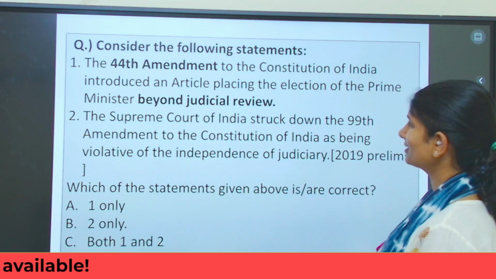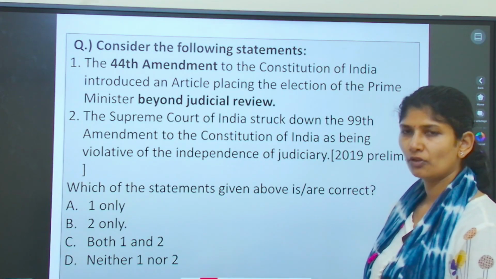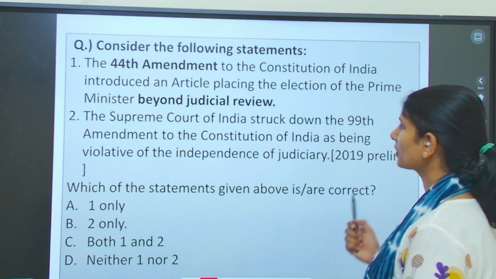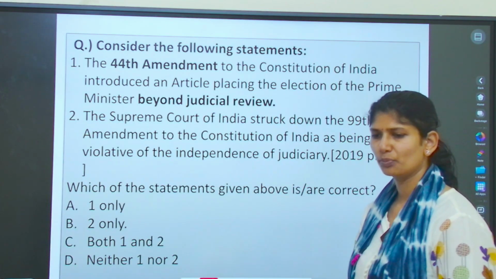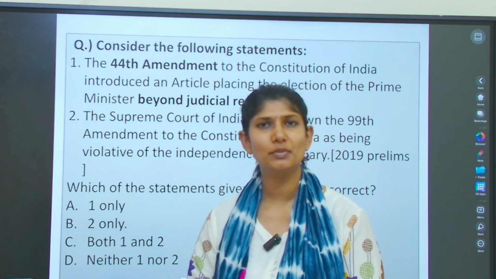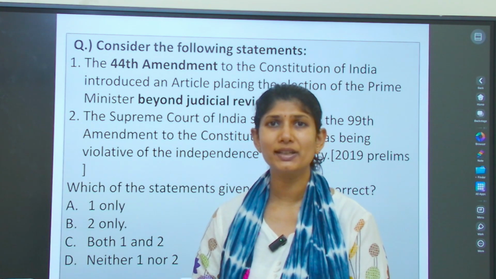consider the following statements. The 44th Amendment to the Constitution of India introduced an article placing the election of Prime Minister beyond judicial review. Now, the first and foremost suggestion that I would give you for a statement kind of question is, break down the statement into keywords.